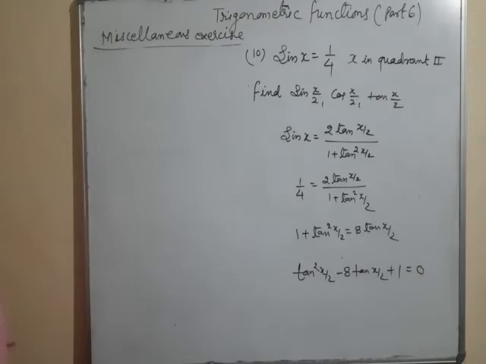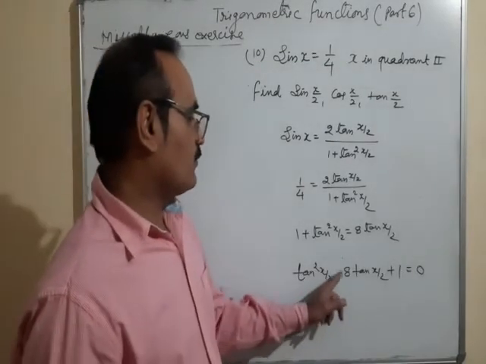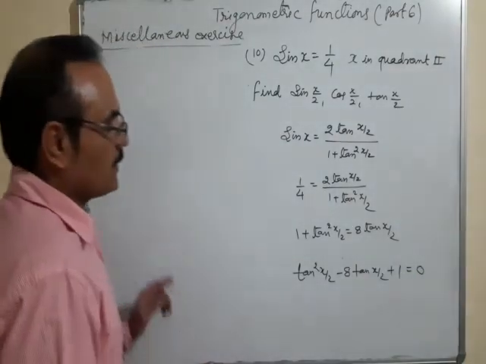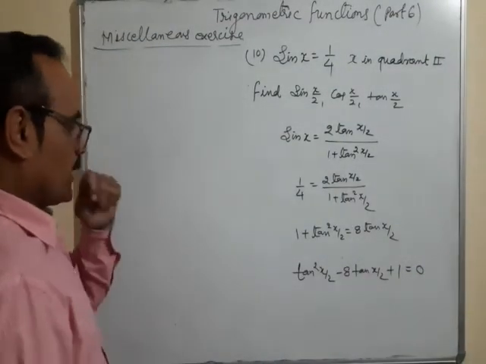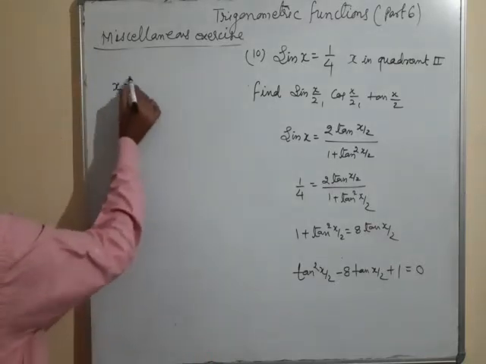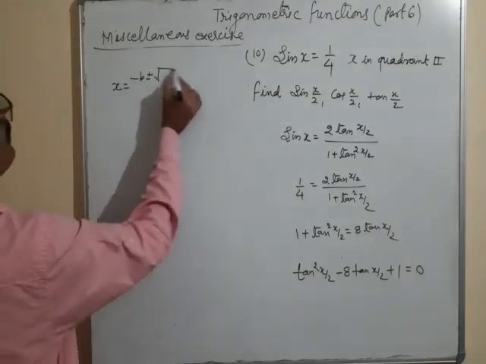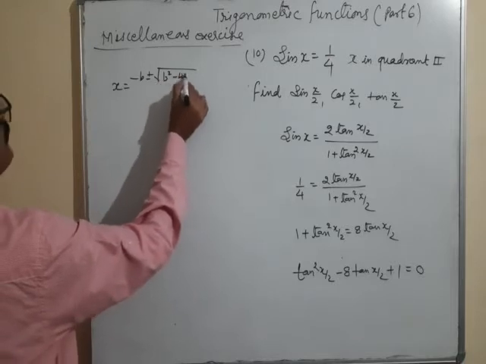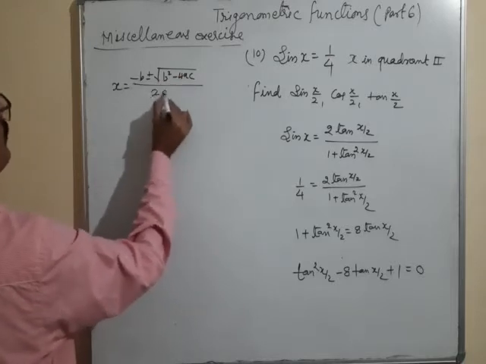Can we solve it by splitting the middle term? Yes or no? This is 8, 4 into 2. We cannot solve it by splitting the middle term. So we are using the quadratic formula. What is the quadratic formula? Let me remind you. x is equal to minus b plus minus under root b square minus 4ac upon 2a. Okay.